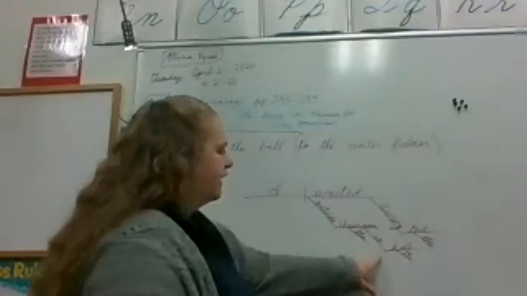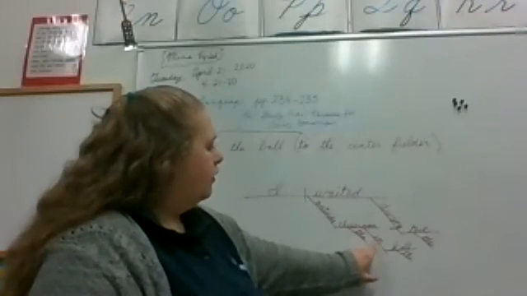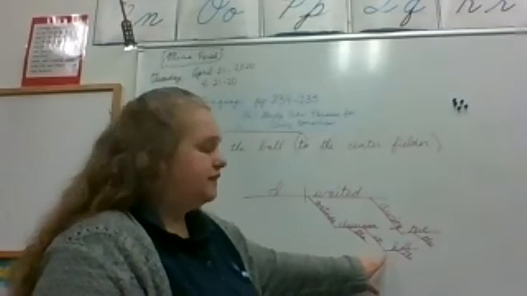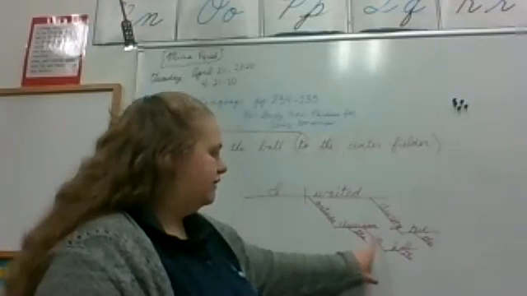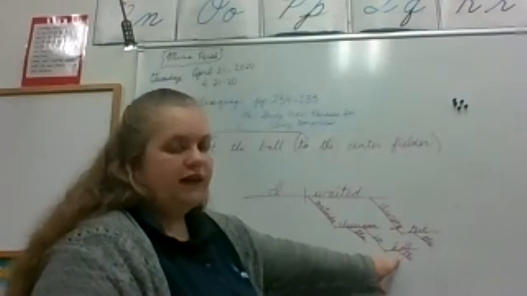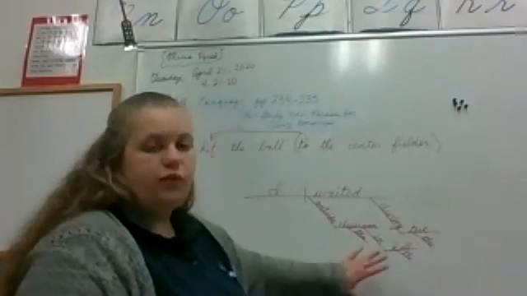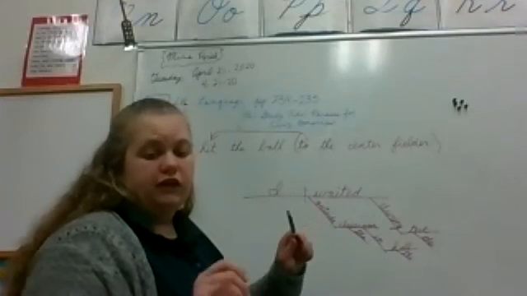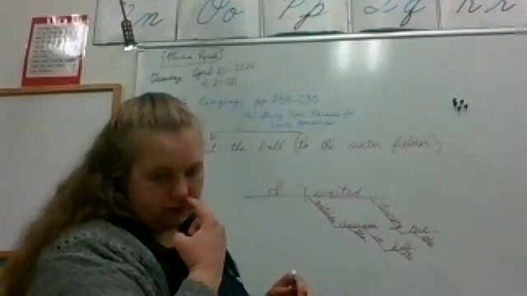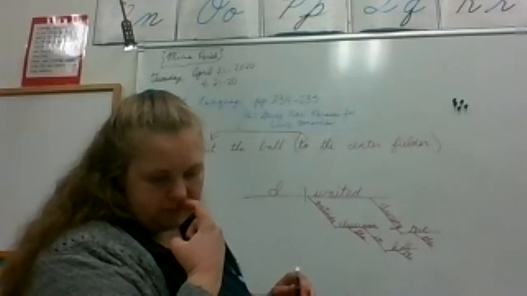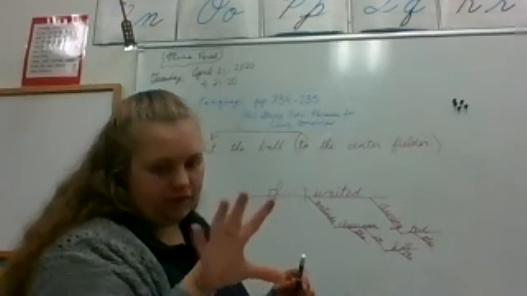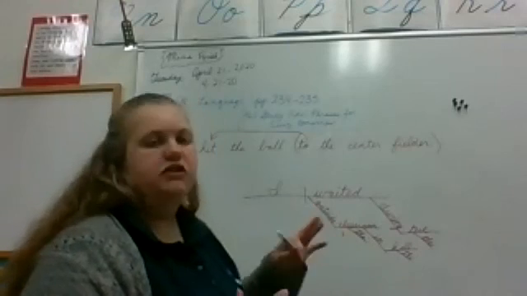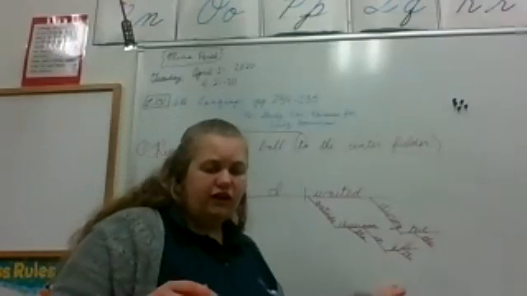Okay, if there was something like in the hall in there, we would put it underneath classroom and we would still make it look the same, right? The preposition, object of the preposition, and the adjective, okay? So that's not on this one, but you will see that on at least one other. There's one of them in all of this that is an adjective phrase that describes the object of the preposition. So that's how to diagram that.